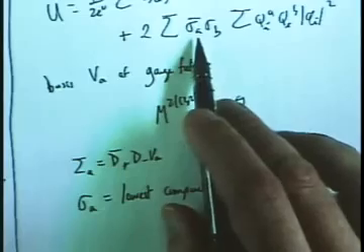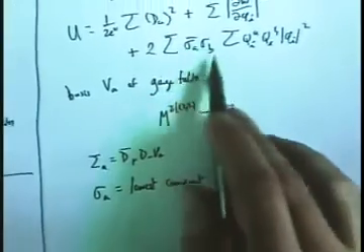Now, this is a Hermitian form on the space of possible values of sigma.